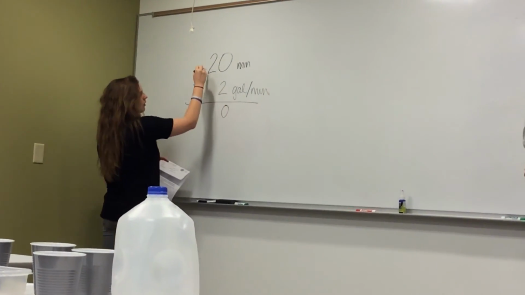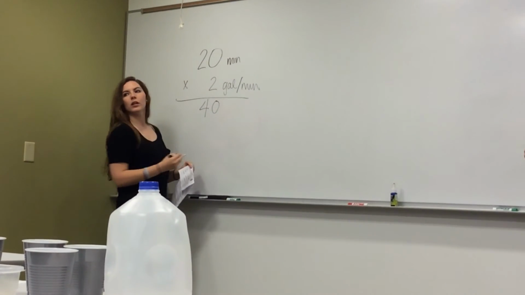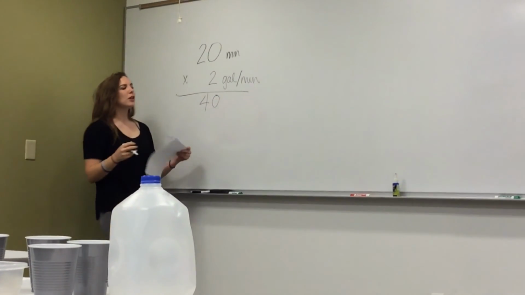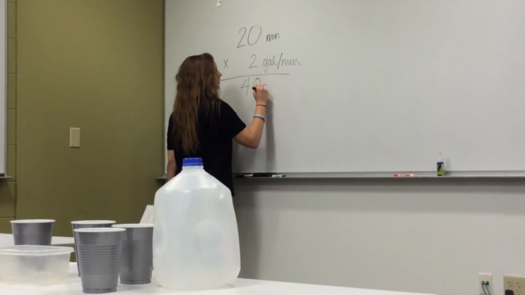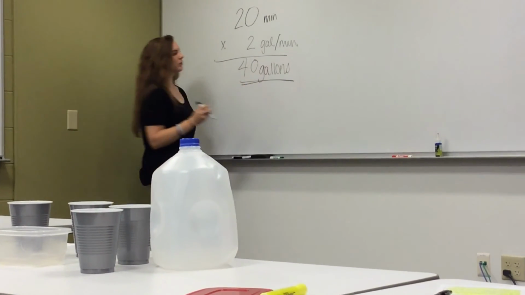And then 2 times 2 is 4. So that means 40. What would we label it? It would just be 40 gallons in total, how many he used for those 20 minutes. Good job.